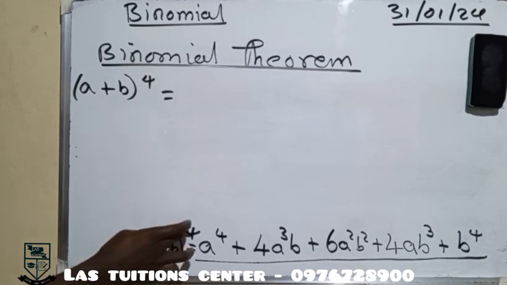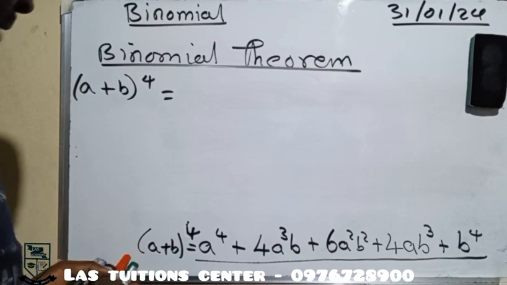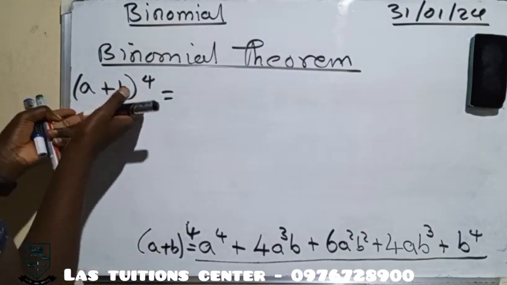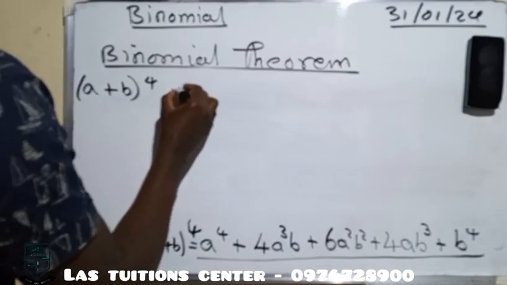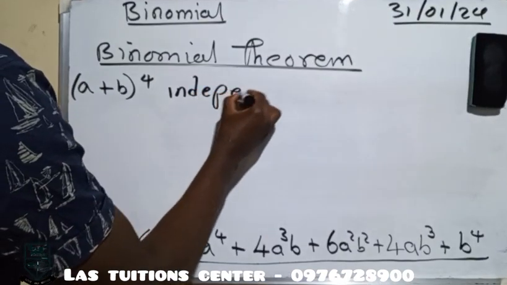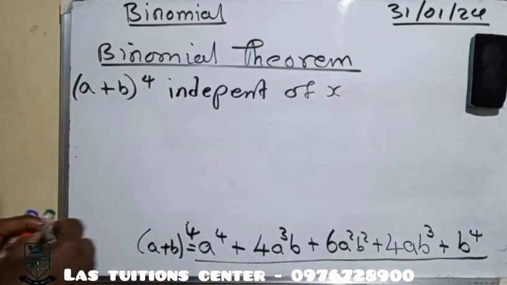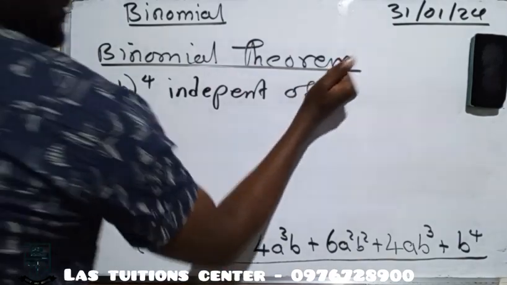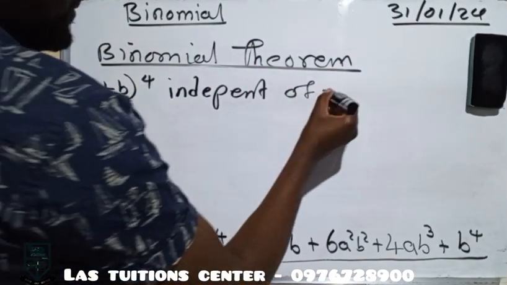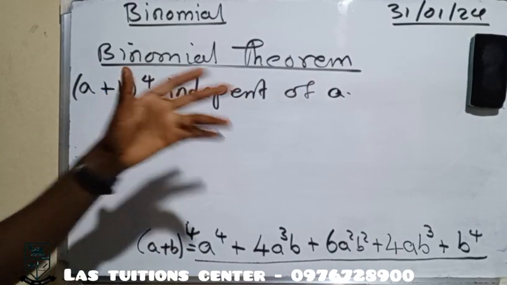Now, there are questions that will come to say, find the expression in the expansion of this which is independent of x. Okay, find an expression. Now, since here we don't have x, let's use a, which is independent of a. But usually you have x and y the other side, so it's the same concept.